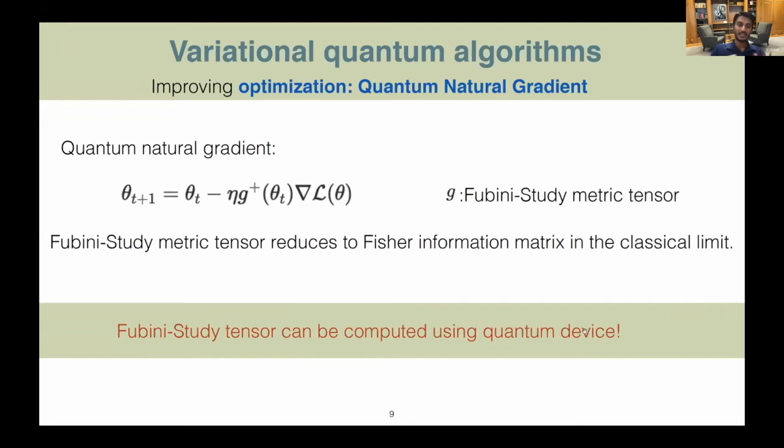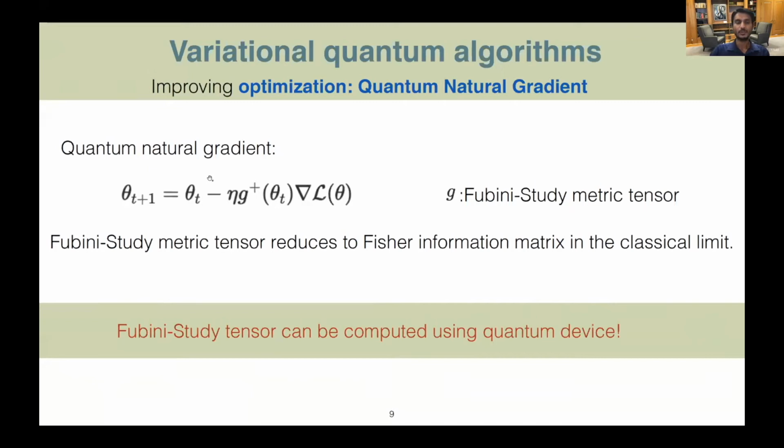So in addition to using the quantum device to compute the loss function L, we also use the quantum device to compute G, this quantum Fisher information or Fubini-Study metric tensor. And then using that, we improve the optimization process.